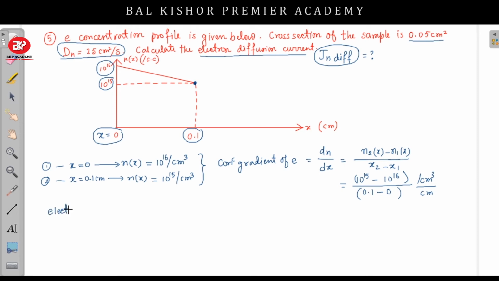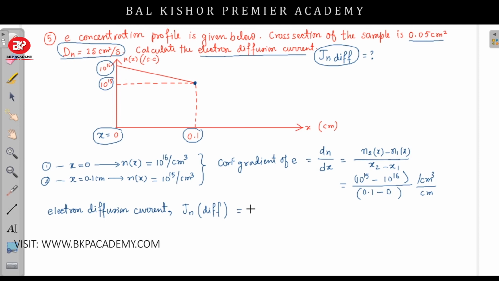We can say that the electron diffusion current, that is Jn diffusion, will be equal to plus Q into Dn into the concentration gradient of the electron.